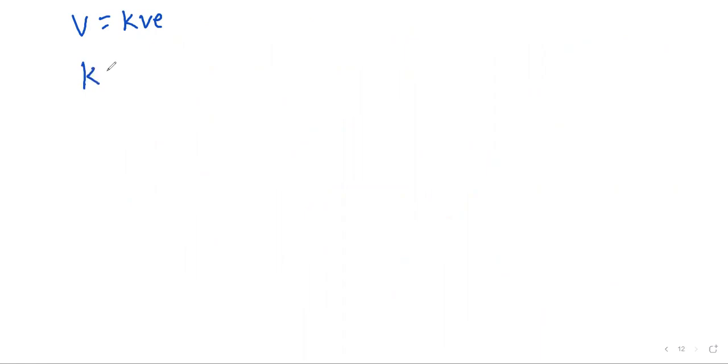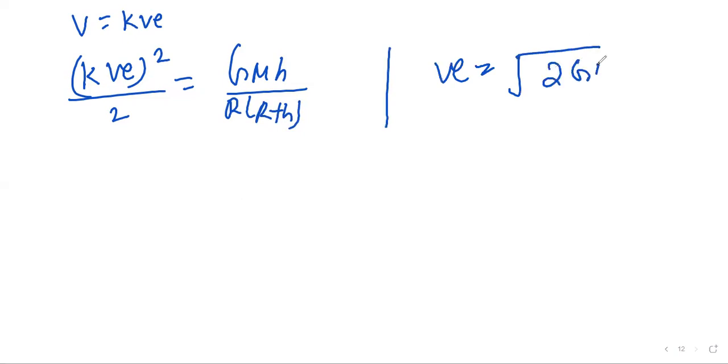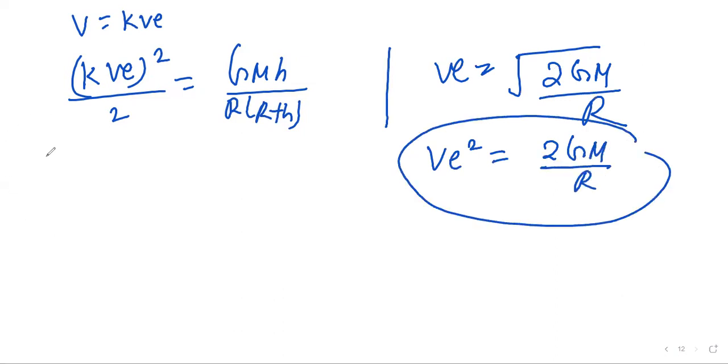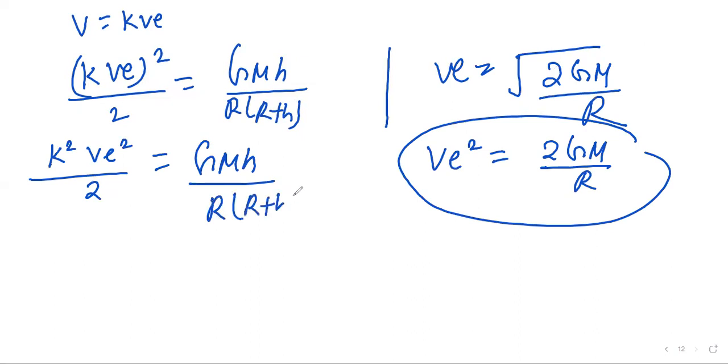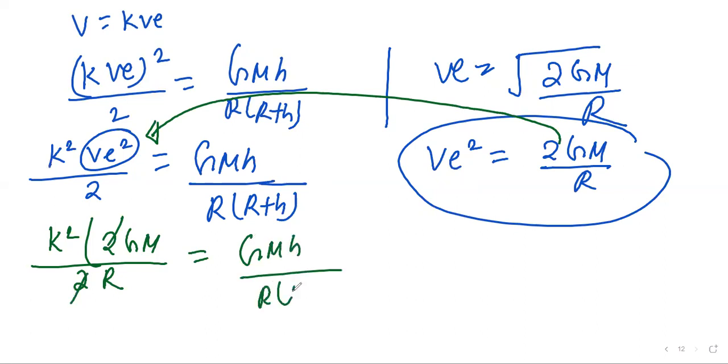Then it will be k VE square upon 2 equal to GM H upon R into R plus H. And as we know, the escape velocity VE is given by under root of 2GM upon R. After squaring, VE square will become equal to 2GM upon R. So it will be k square into 2GM upon 2R, so this 2 and 2 will get cancelled, equal to GM H upon R into R plus H.